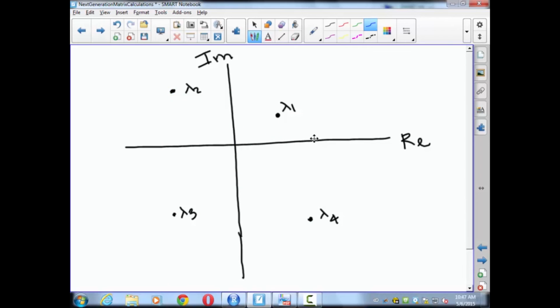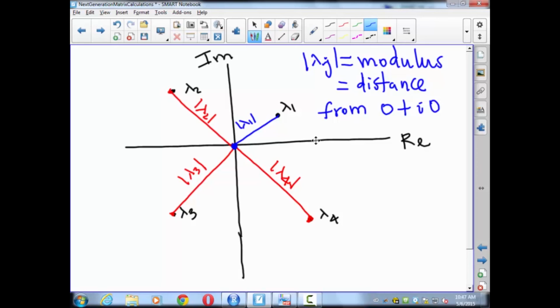So, as you could argue in this sketch, with this visualization, that's why I only draw 4 eigenvalues. Even though I'm not giving you exactly any precise information as to what is exactly the real part, what is exactly the imaginary part, just by looking at this figure, we can say which is the eigenvalue that has the largest modulus.